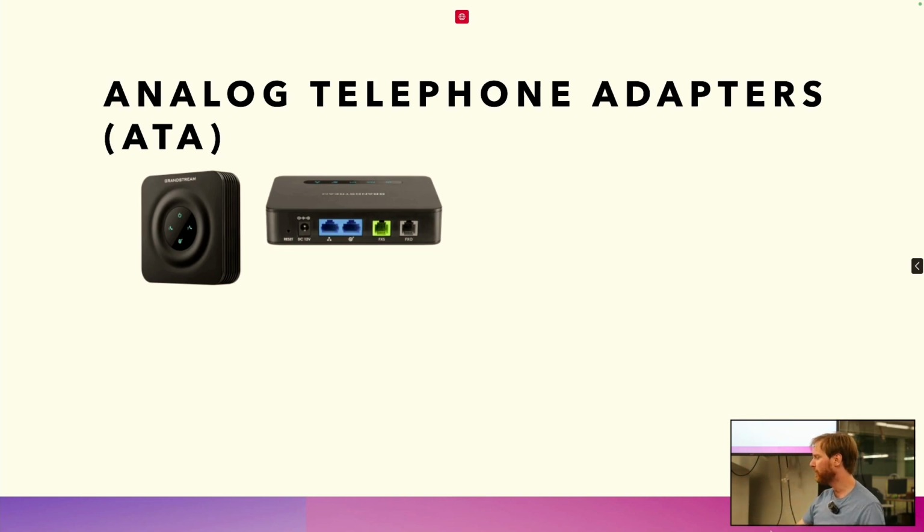So these basically, you plug in the phone to them, and then you plug them into your Ethernet, and now your phone is online. But it's not quite as simple. None of them have Wi-Fi that I've found. I wanted to have Wi-Fi for mine in my living room because I didn't want to have a big line going all the way over to my closet.